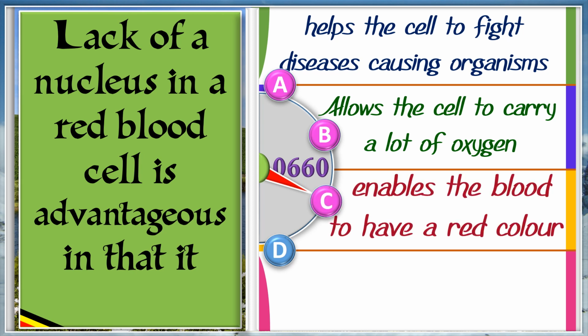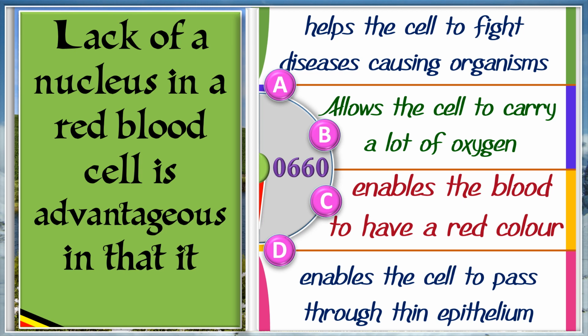C. Enables the blood to have a red color. D. Enables the cell to pass through thin epithelium. And the answer is B. Allows the cell to carry a lot of oxygen.